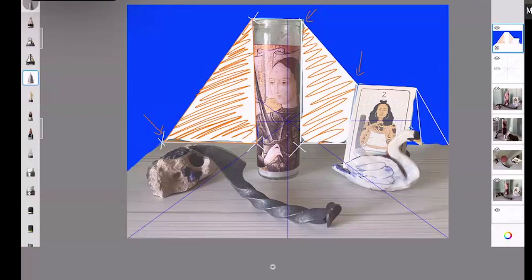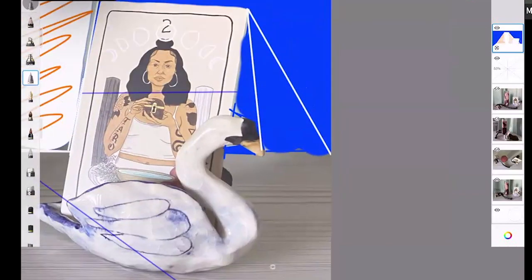Negative space can also help us draw something specific. So if we come down the contour of the High Priestess card here, and we come over here and draw the outside contour of the swan's head, okay, I get a negative space, and it has a very distinct and very specific part in the swan's head.